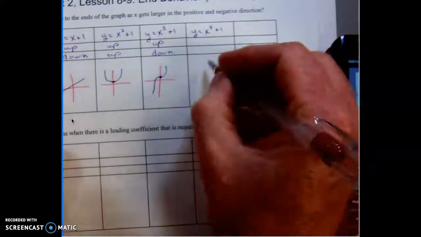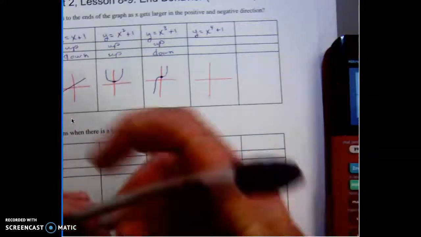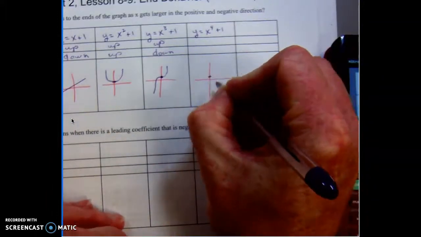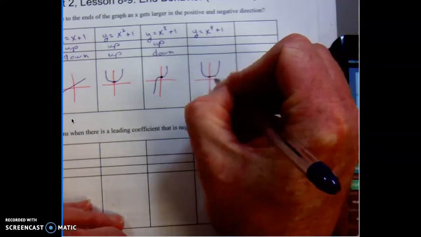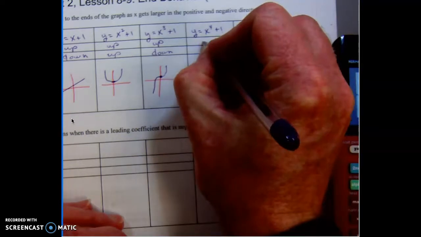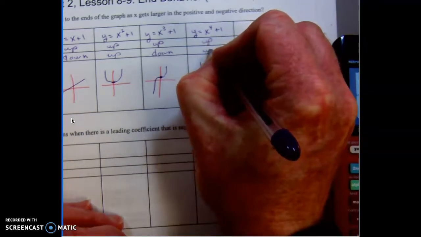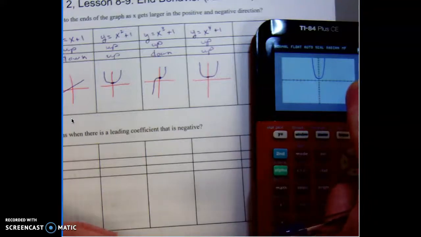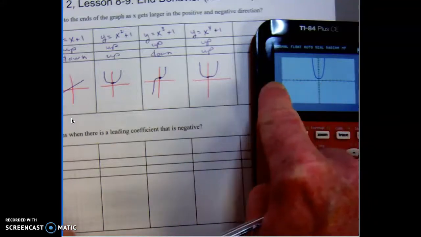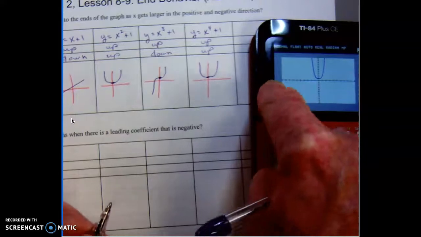Okay, and again, it crosses exactly at 1. So it's kind of flat and it goes up on both sides. So it goes up to the right and it goes up on the left. So as x gets bigger and bigger in the positive direction, so does y. X gets bigger and bigger in the negative direction, so does y.